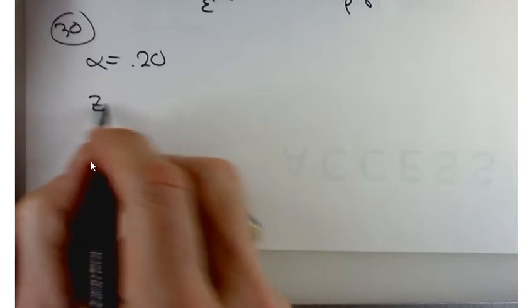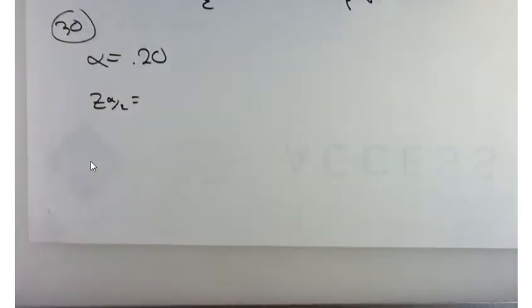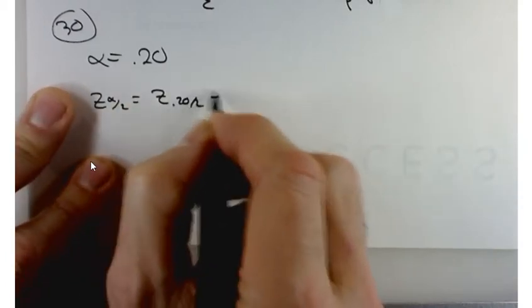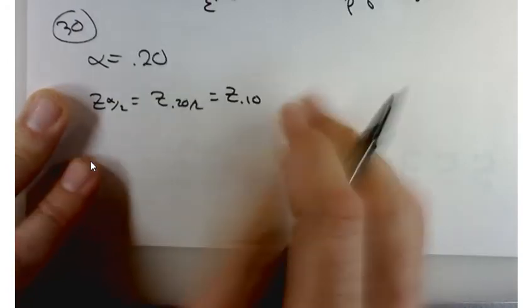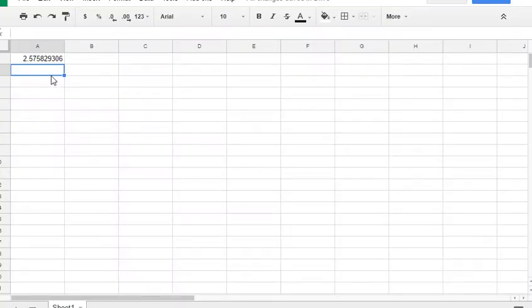If I need z sub alpha over 2, that's going to be z sub 0.20 over 2 or z sub 0.10. Let's just get that off of Google Sheets here. So norm inverse.